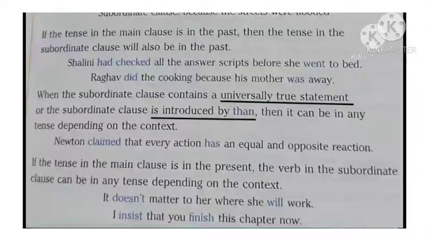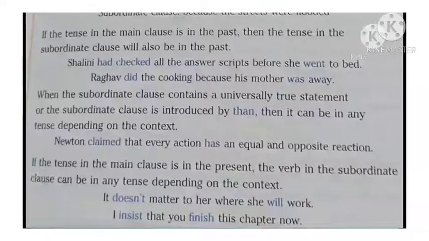So if such universal true statements are mentioned in the subordinate clause, then we have to make use of the tense according to the context, according to the situation. Here: Newton claimed that every action has an equal and opposite reaction. It is a scientific truth. We cannot change it. It has been proven.